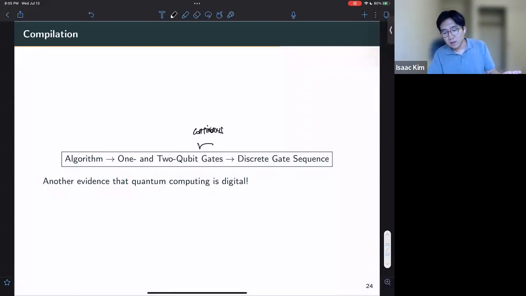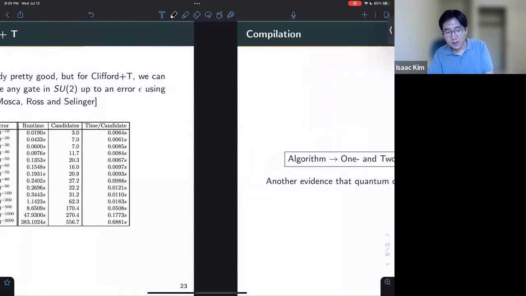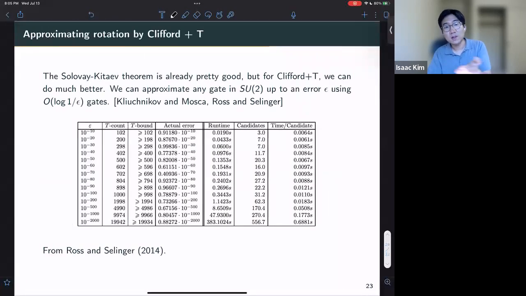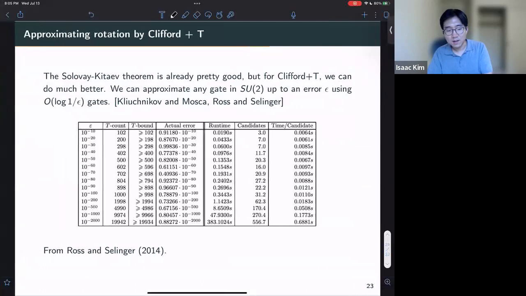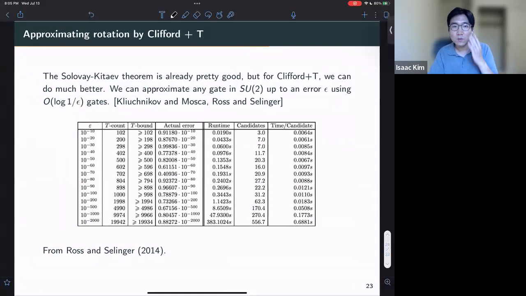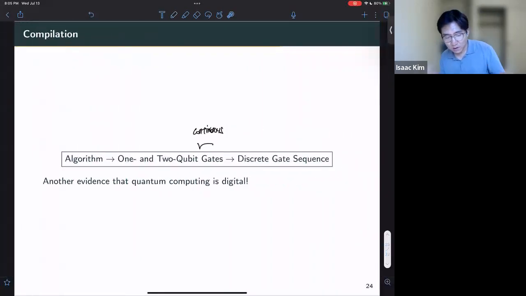Once that's done, you employ an algorithm like this to convert these continuous gates into a discrete gate set. The cost you pay for doing that is pretty minimal: it simply scales logarithmically with the inverse precision you're willing to accept. This is another piece of evidence that quantum computing is digital. You have a high level algorithm and you can break it down into a discrete set of gates in a very systematic way.